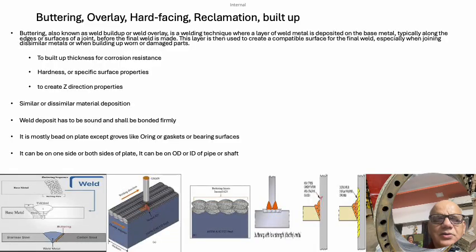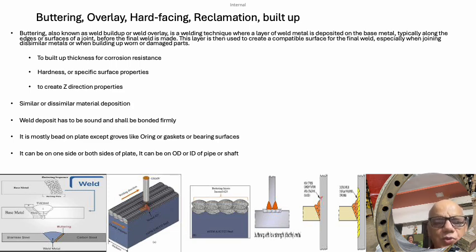Hi friends, once again in continuation with our efforts to understand welding better, a different kind of welding application which we use, which you can see on your screen, is buttering or overlay or hard facing or reclamation or build up.